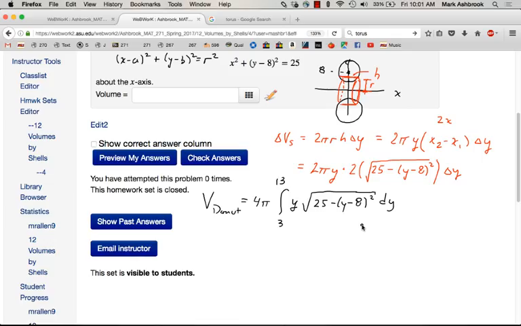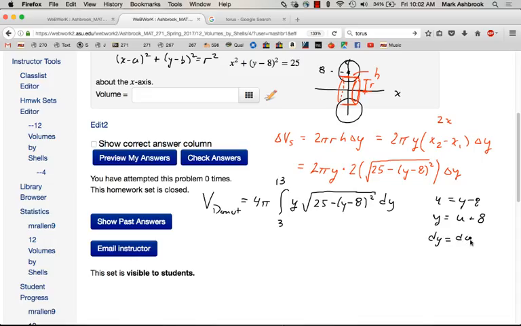So that would indicate we should change the variables. So if you do u equals y minus 8, well, we're going to have to take care of this y too. Then y equals what? u plus 8. Yeah, it looks like a W. You're right. Okay, and then dy equals.